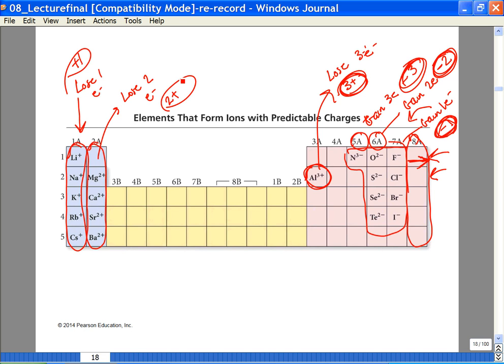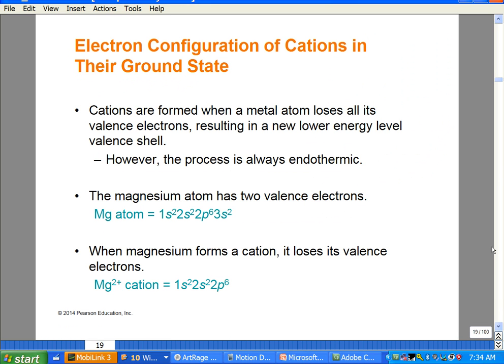So how do we write electron configurations of cations in their ground state? Knowing that in order to form a cation, we must lose electrons, this is the electron configuration for magnesium.